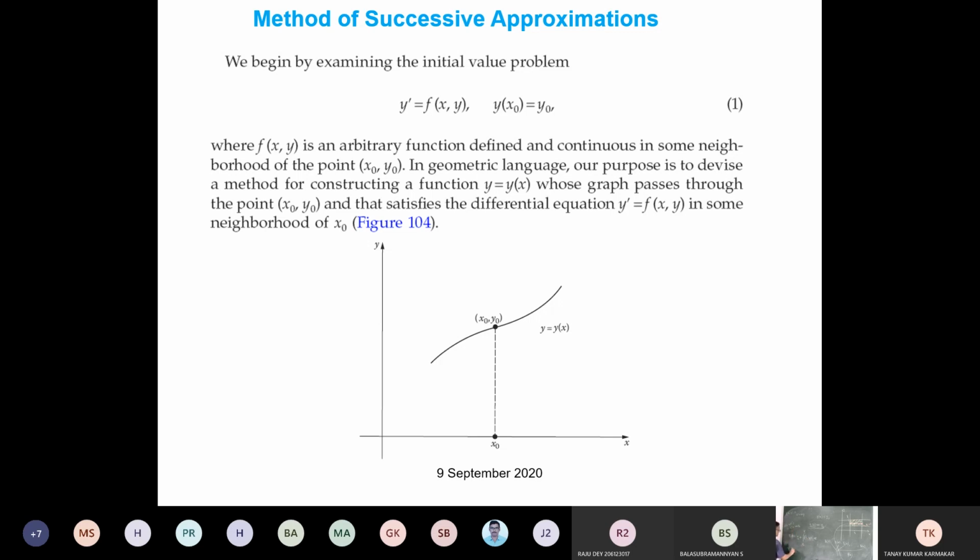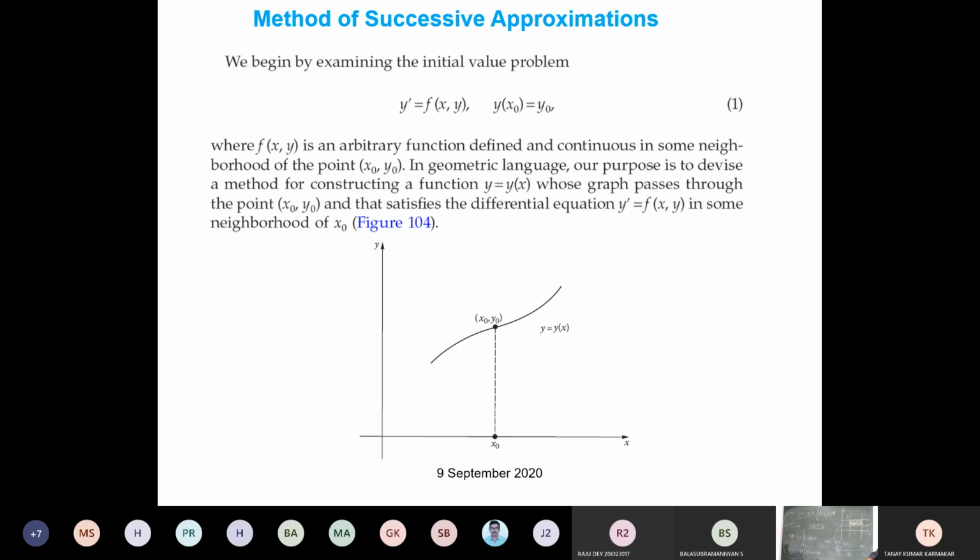The third member will again be y naught plus the integral from x naught to x of f(t, y1(t)) dt. In this way it is going to generate a sequence, and eventually the nth member of the sequence is going to be given by y naught plus the integral from x naught to x of f(t, y_{n-1}(t)) dt.